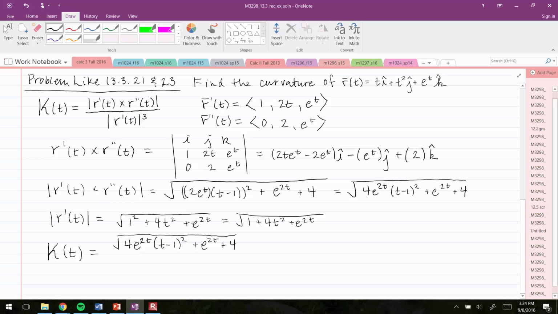Kind of seemed like that might simplify more, but decided to leave it be till we saw what the denominator ended up being. So there we have 1 plus 4t squared, and what was the rest of it? Oh, plus e to the 2t.